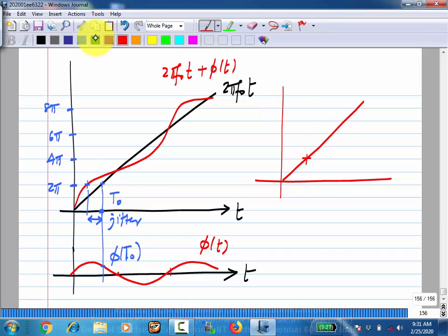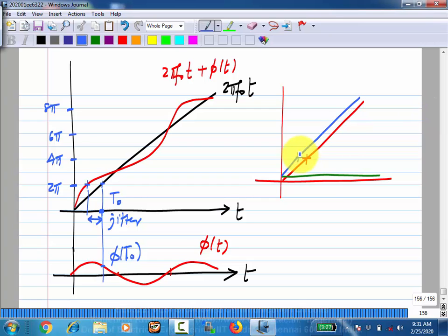And then let's say I add a constant to it. For now you assume that I have added a constant. So the result will be something like that. So how much is this deviation? How much is the horizontal deviation? Yeah, that divided by the slope.